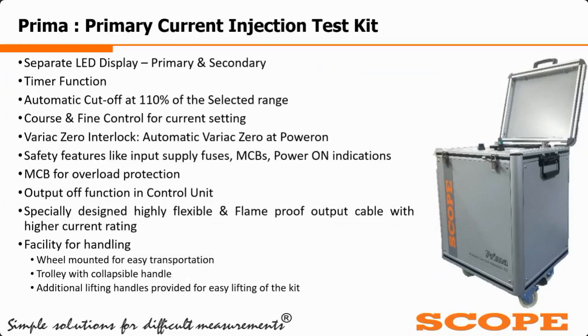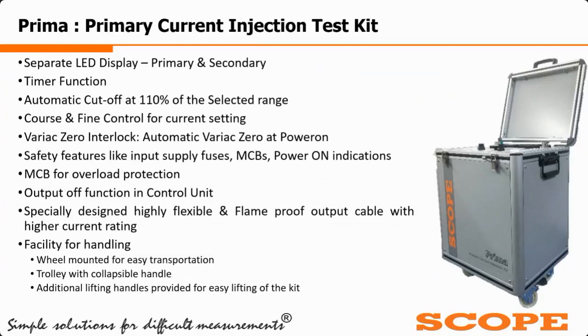We have also provided a timer function, so the user can set the current and time as per the requirement. Also, one additional cutoff facility we have provided: automatic cutoff at 110% of the selected range.